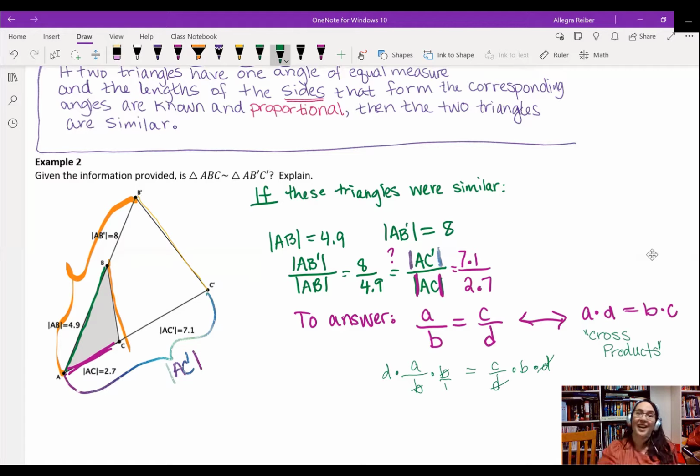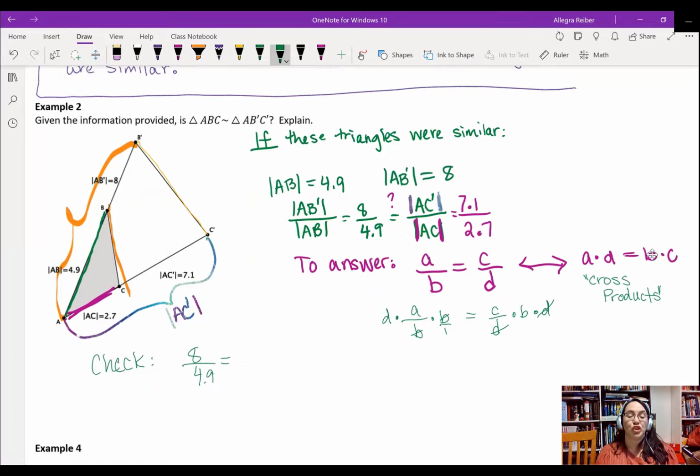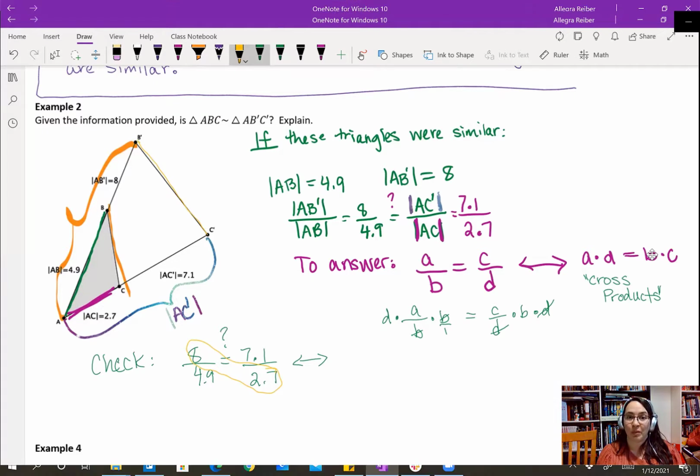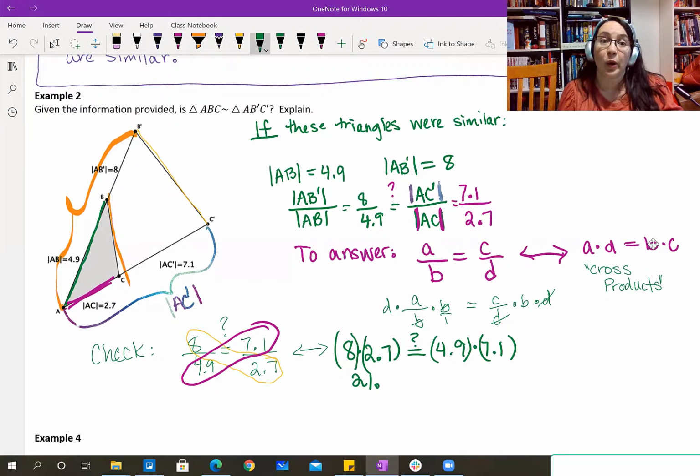There's the cross product. To check whether 8 divided by 4.9 equals 7.1 divided by 2.7, I'm just going to multiply across. So first I'm going to compare, does 8 times 2.7 happen to equal 4.9 times 7.1? Now 8 times 2.7 is 21.6, but 7.1 times 4.9 is 34.79.